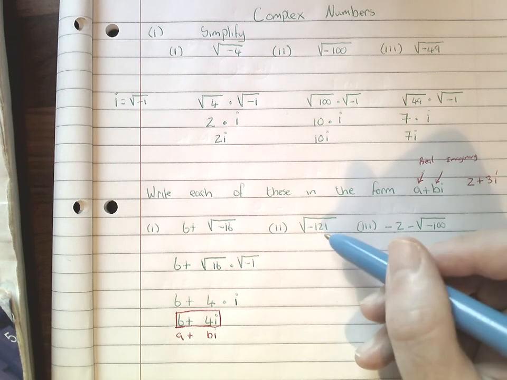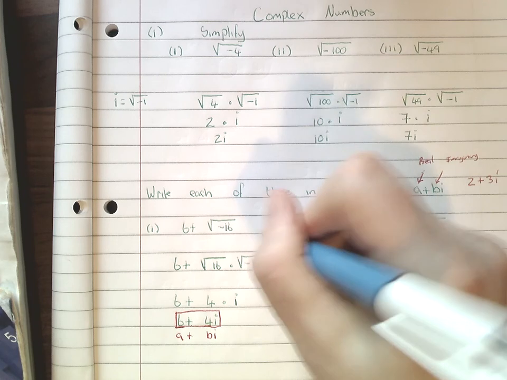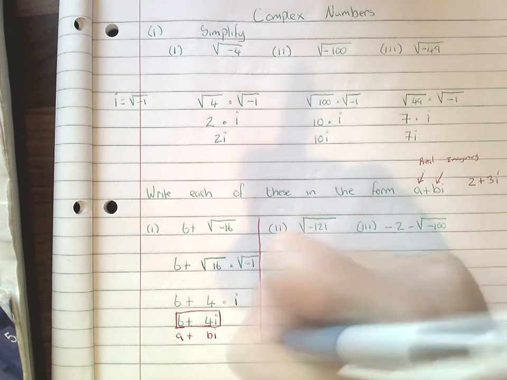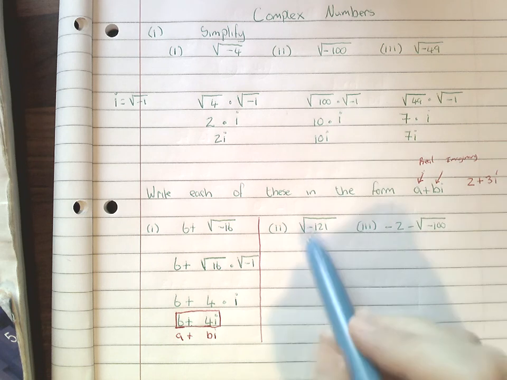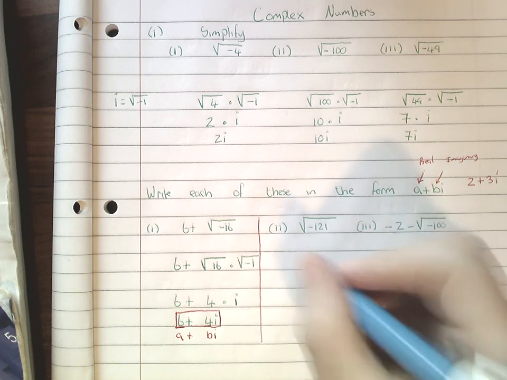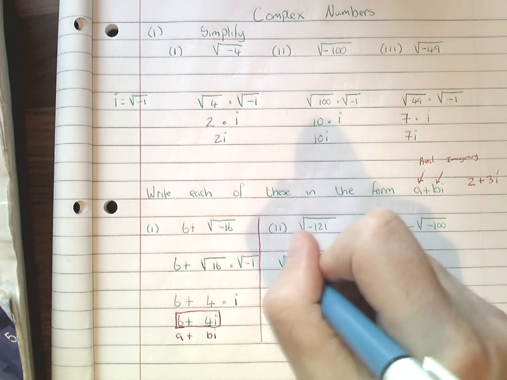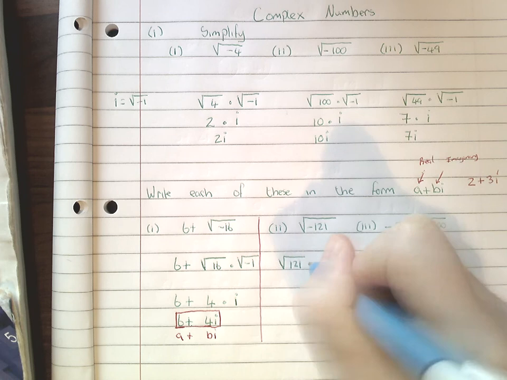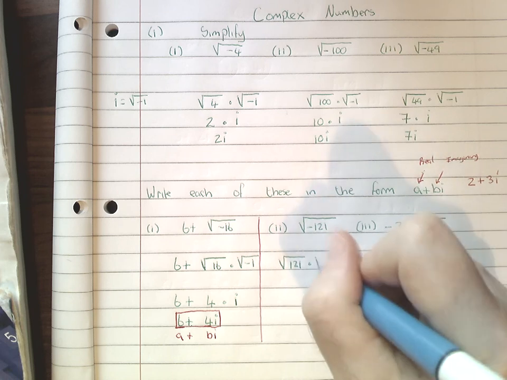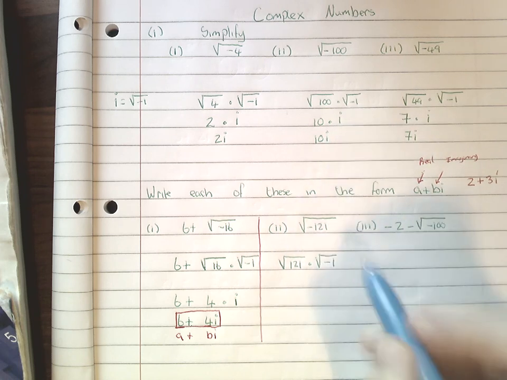So if we have a look at this one here, let's just draw a line down here just to separate these. So again, we want to simplify this, so it's going to be the square root of 121 multiplied by the square root of -1, like so.